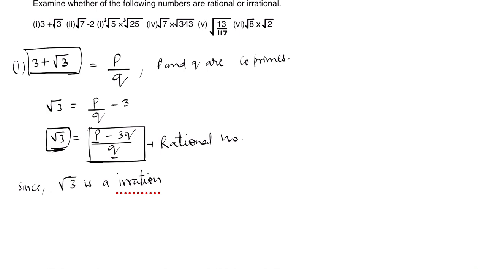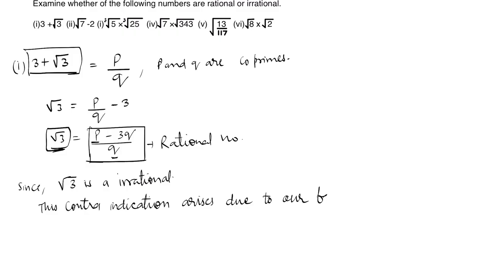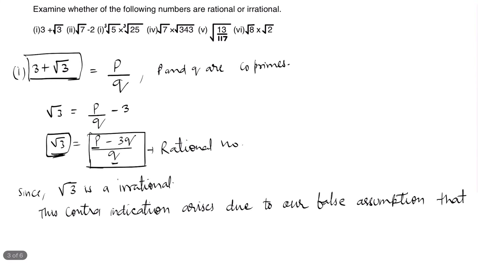Okay. So this contradiction arises due to our false assumption that 3 plus root 3 is a rational number.